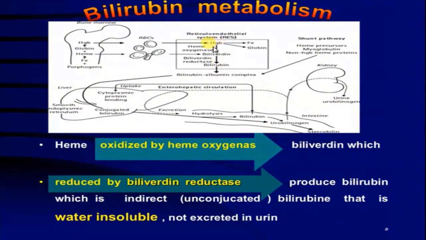Here we can see heme, by the effect of heme oxygenase, will be converted to biliverdin, and this, by the effect of biliverdin reductase, will be converted to bilirubin. This bilirubin, when elaborated in the bloodstream, will be water insoluble, so it cannot be excreted in the urine.